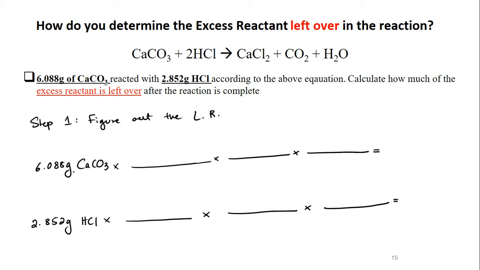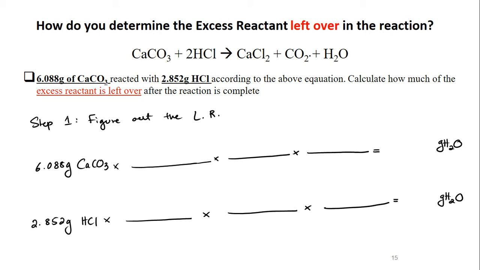You can either go from grams of calcium carbonate to grams of calcium chloride, or grams of carbon dioxide, or grams of water. Whichever one you pick, it's going to let you figure out what the limiting reactant is. However, for both calcium carbonate and HCl, it has to be the same product, okay? So I'm going to select to go to grams of water because I already know the molar mass of water. It makes it easier for me.